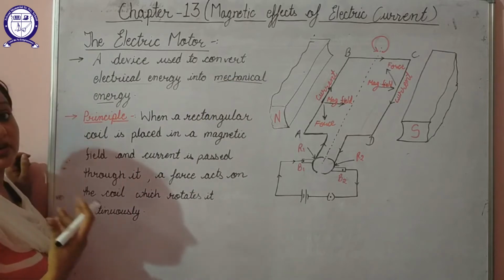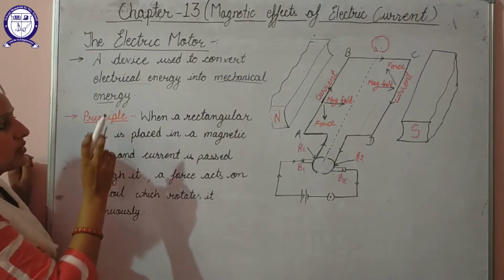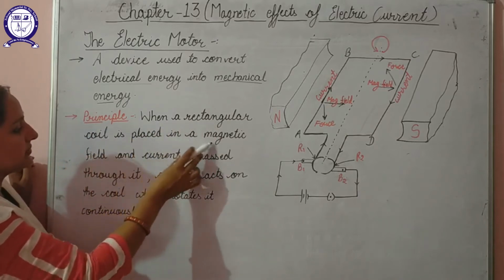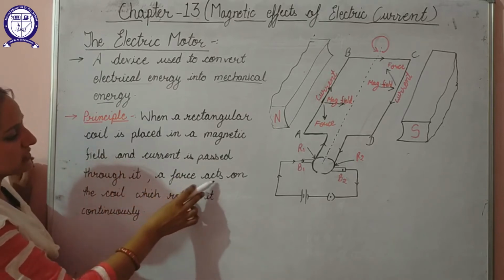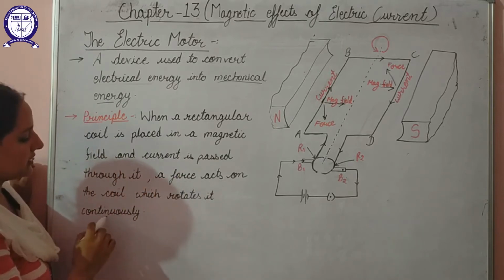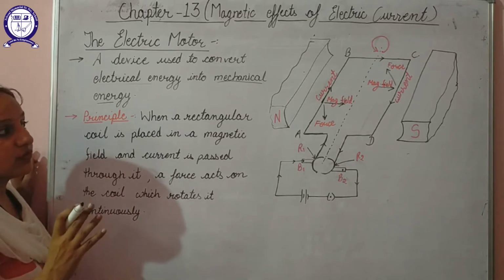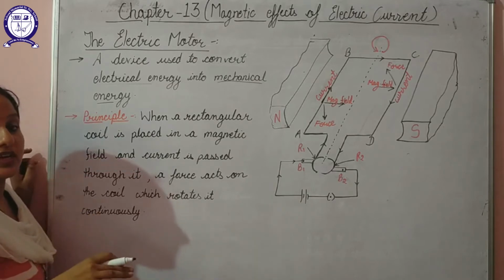Now what is the working principle of this electric motor? This electric motor works on the principle that when a rectangular coil is placed in a magnetic field and current is passed through it, a force acts on the coil which rotates it continuously. We have already studied that if you place a current carrying conductor in a magnetic field, then a force will act on it.